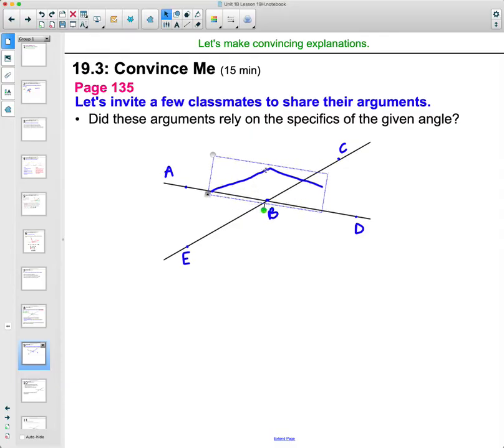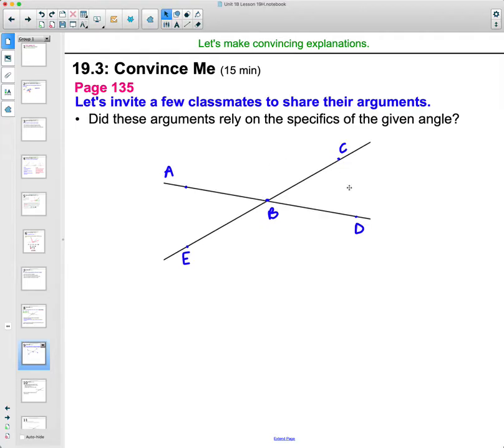So I'm not going to be able to reflect it, but I'll rotate it over here to show you that they're exactly the same. So thinking about reflecting A down to E and C down to D, or even just translating A down to E and then doing that reflection.